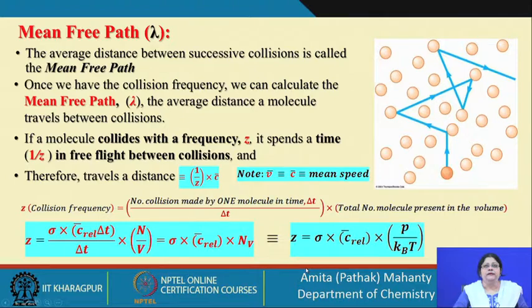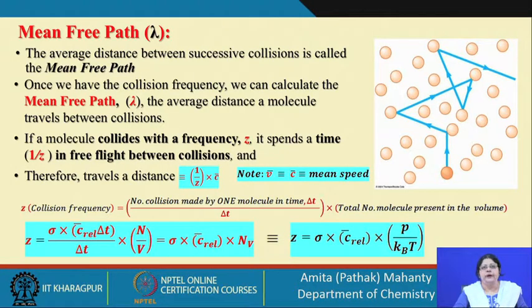So, what happens after collision? When two molecules collide with each other, the average distance they travel between successive collisions is called the mean free path, a very important parameter which determines a lot of gas properties.